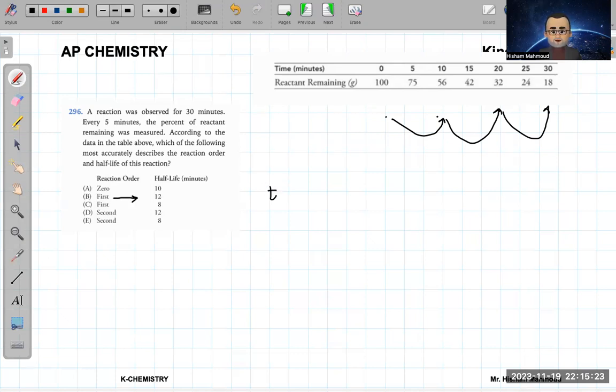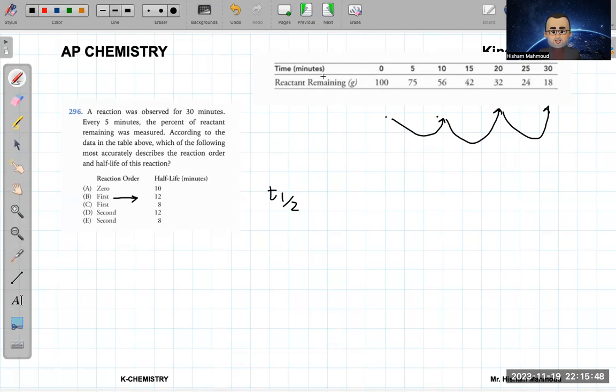First order, T half is like that. It takes equal times to change between almost 50 minutes. So it will be first order. Is it 10 minutes?